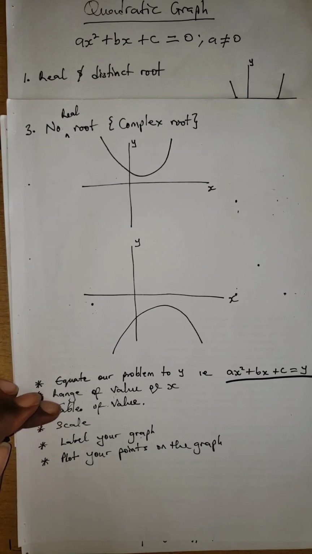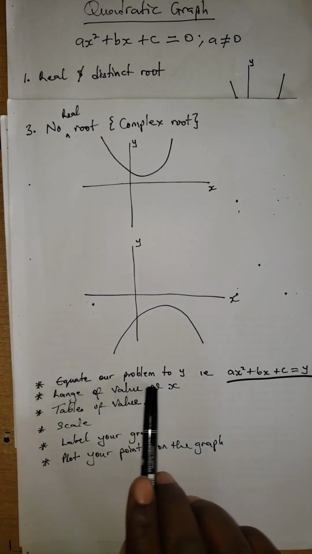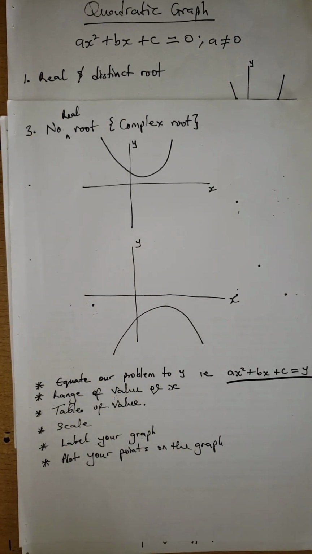You have to go to the table of values, pick each value of x and the corresponding value of y, and locate those points on your Cartesian plane, which is your graph. You have to do that for all the values of x in your range, and the corresponding values of y. So if your range is about 7 numbers, that means you are going to have about 7 points on your graph. If your range is about 8 numbers, that means you are going to have up to 8 points on your graph.